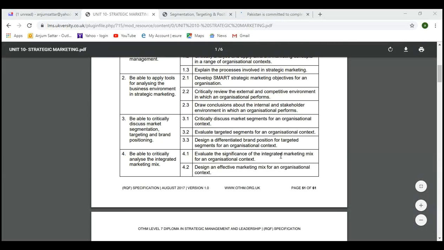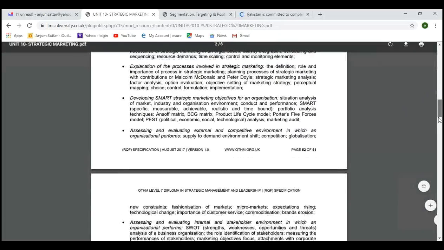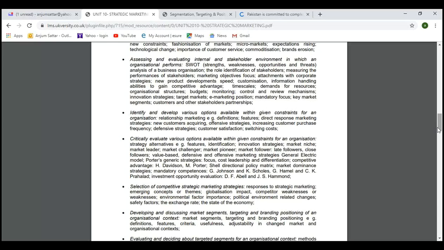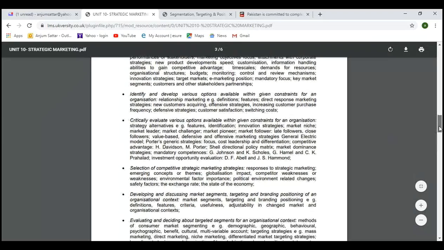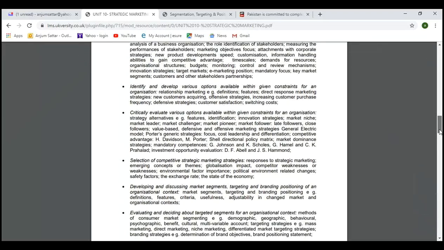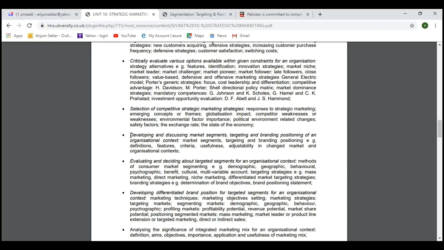So all this will be discussed in today's lesson, including developing and discussing the market segment, evaluating and deciding on the target market and segment, and developing differentiated brand positioning.